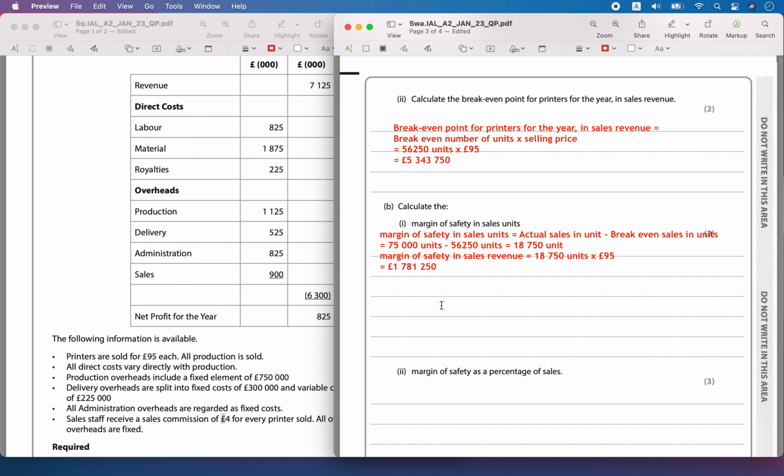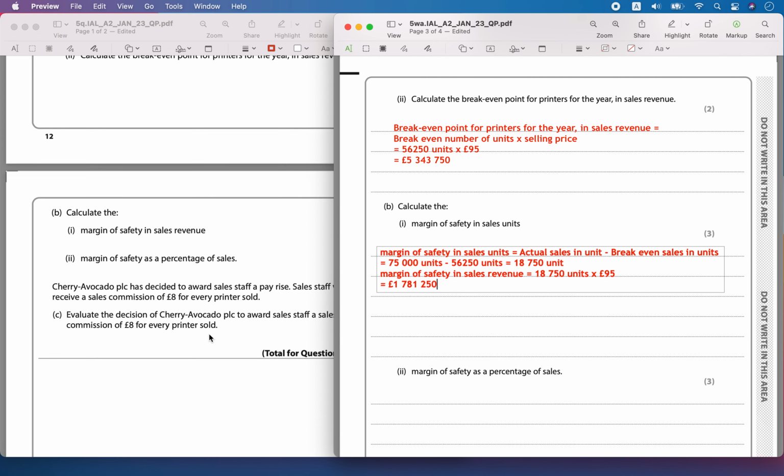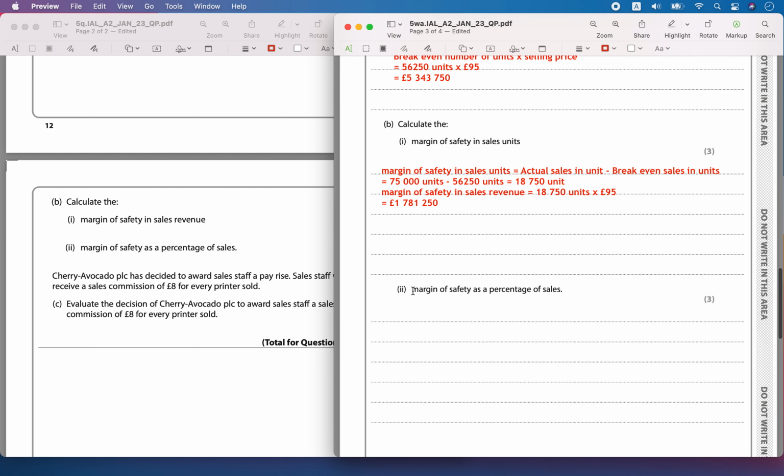That's what we had calculated: the margin of safety in terms of sales units and the margin of safety in terms of sales revenue. You calculate both and keep. Then margin of safety as a percentage of sales.